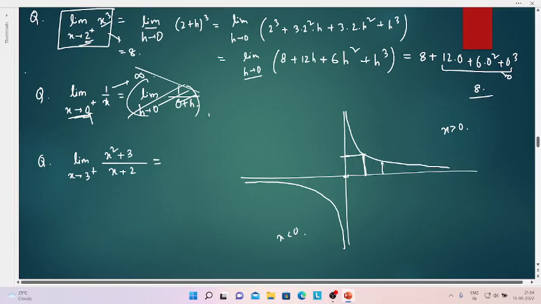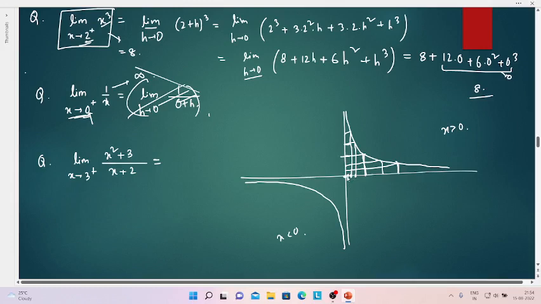At x equals 2 we have 1 by 2. At x equals 3 we have 1 by 3. But when I choose x equals half, then it will be 2. When x equals 1 by 3, it will be 3.